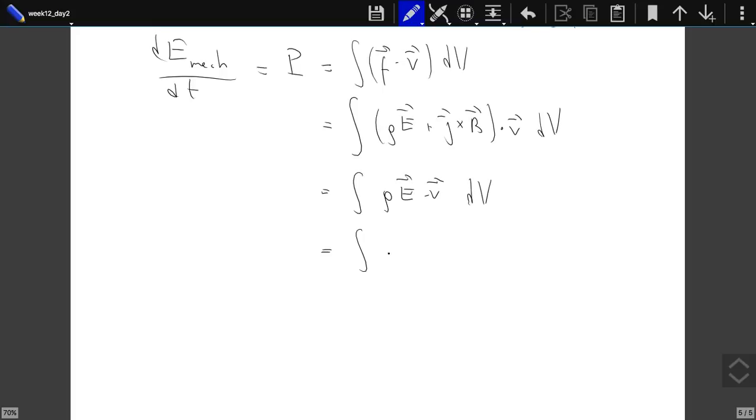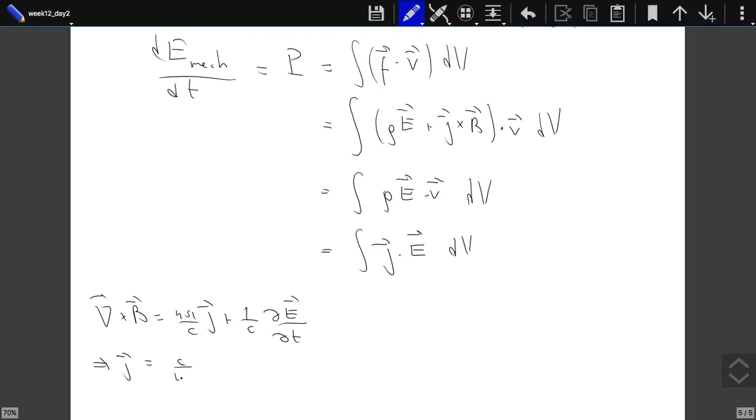Now, ρ times v is my J. Now I can eliminate J in favor of the E and B fields, because I know that curl of B is equal to 4π/c times J plus 1/c times ∂E/∂t. Or J is equal to c/4π curl of B minus 1/c ∂E/∂t.